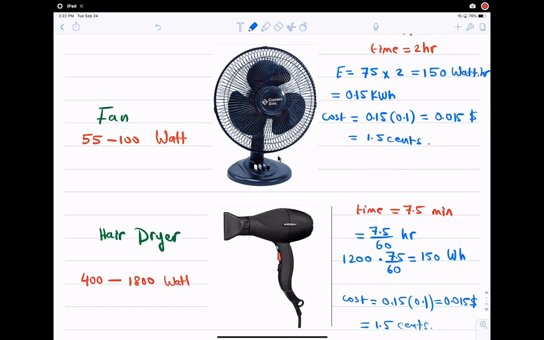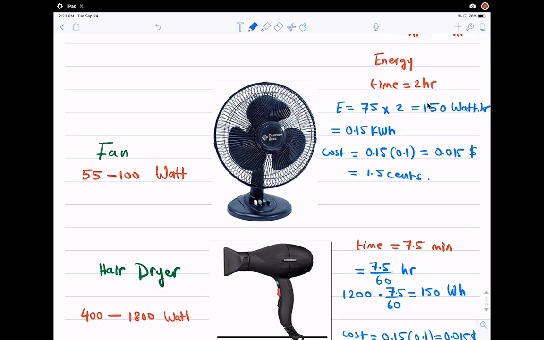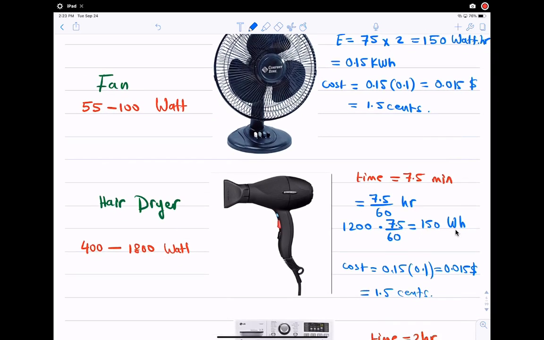So the same energy you use for 7.5 minutes here, you use the fan for 2 hours. Now this 150, we already said you only pay 1.5 cents for 7.5 minutes of the hair dryer.